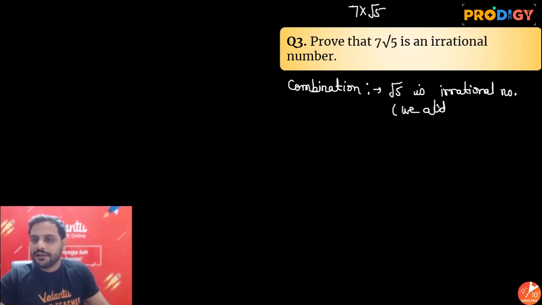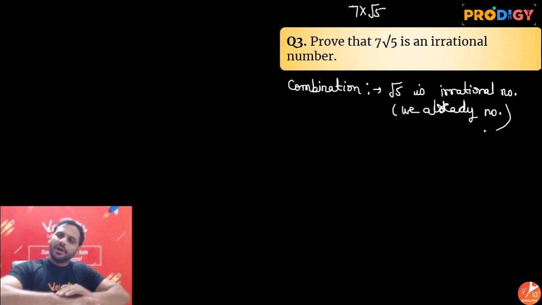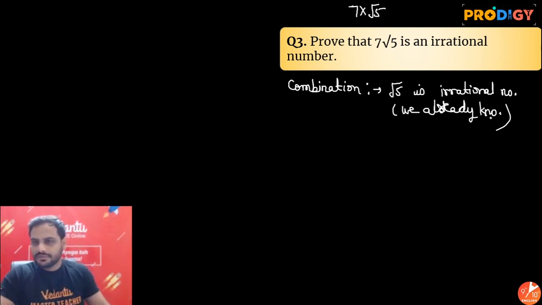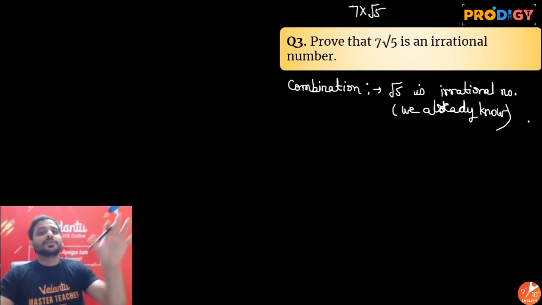That means we don't have to prove root 5 is irrational. The question is asking whether 7 into root 5 is an irrational number or not.